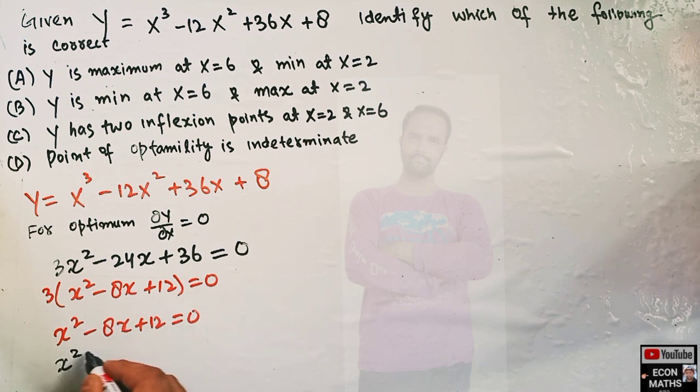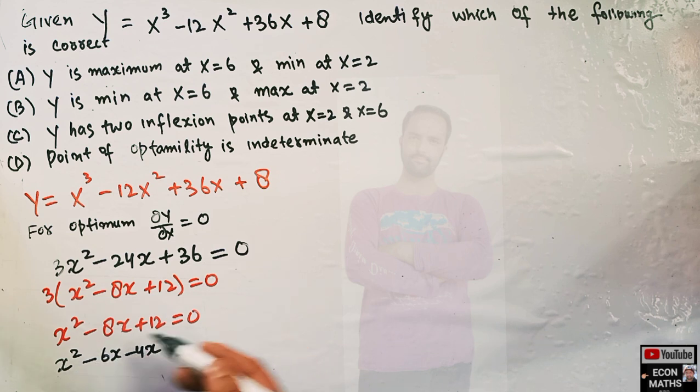That is x square minus 6x minus 2x plus 12 is equal to 0. I hope you know, I have explained in several videos how we separate the middle term if it exists. So taking x common, we have x minus 6.